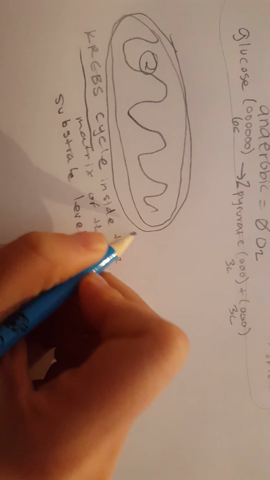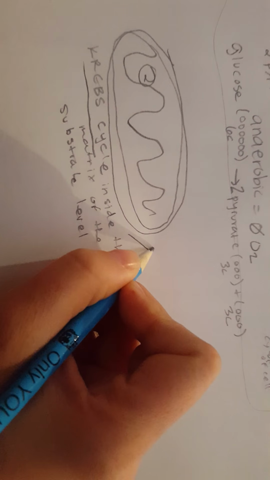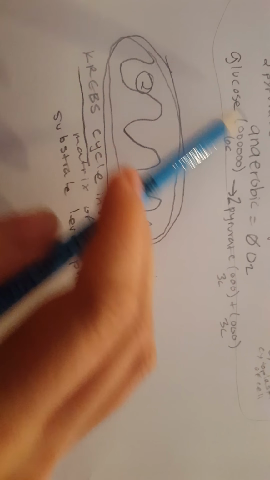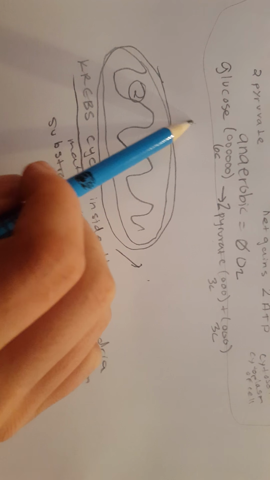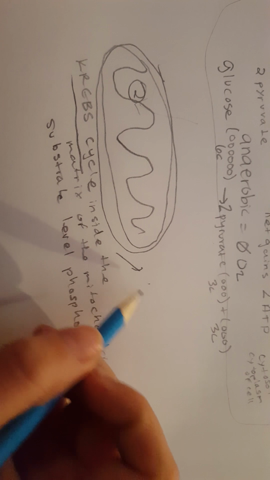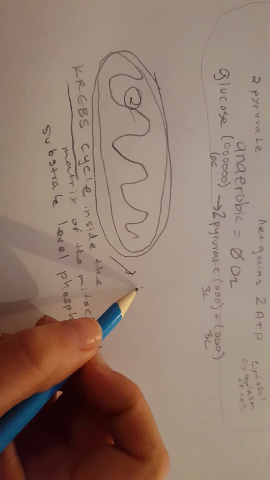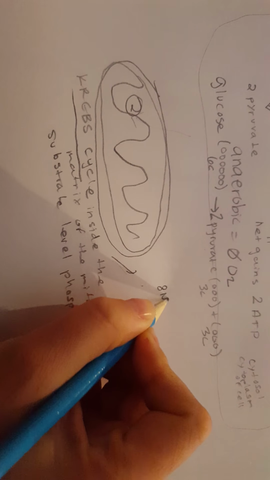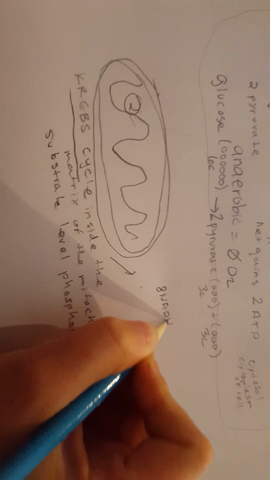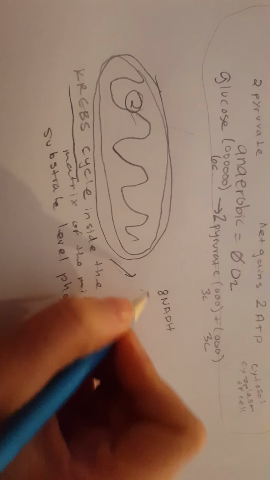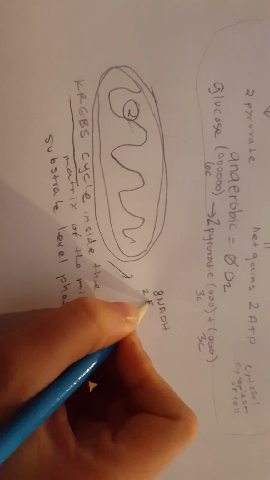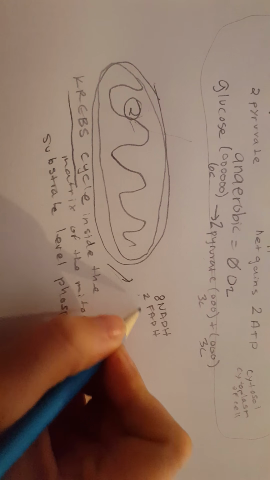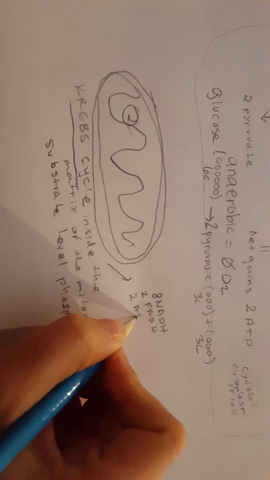Alright, so the important stuff about the Krebs cycle that you gotta know is that after these molecules of pyruvate get in there, they get eventually converted into 8 NADH, 2 FADH, and 2 ATP.